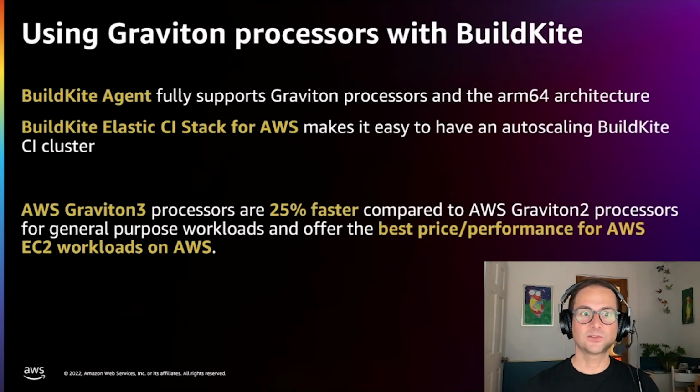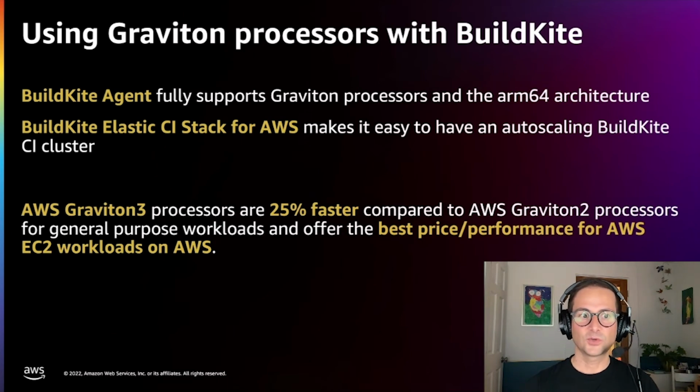What does it mean when you want to use them with Buildkite? The Buildkite agent fully supports Graviton processor and the ARM64 architecture, so you can use it to build your ARM64 version of your software. Buildkite Elastic CI Stack for AWS is a really convenient way for you to build an auto-scaling Buildkite CI cluster. It runs on Graviton.